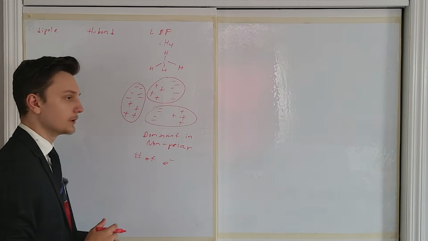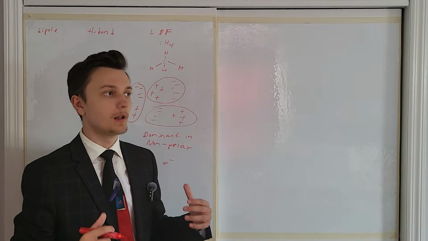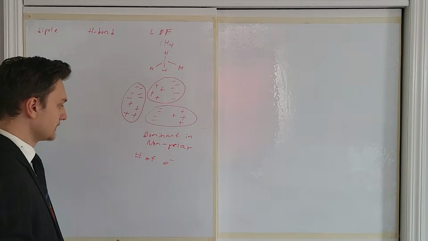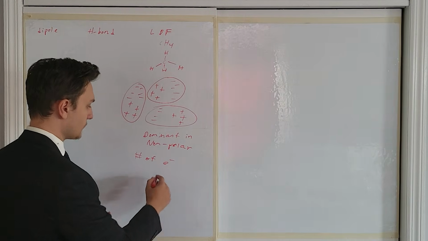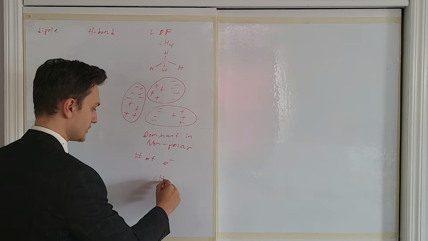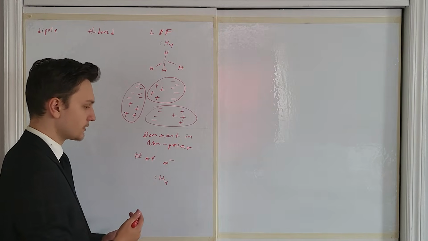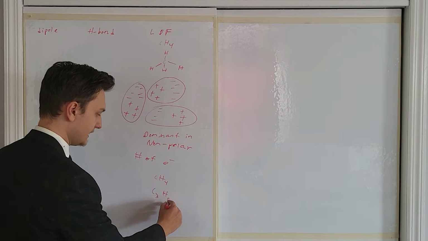If the molecule has access to more electrons, that molecule is going to have more powerful London dispersion forces, LDFs. A great example of that is methane, CH4, which would have weaker London dispersion forces than propane, C3H8.